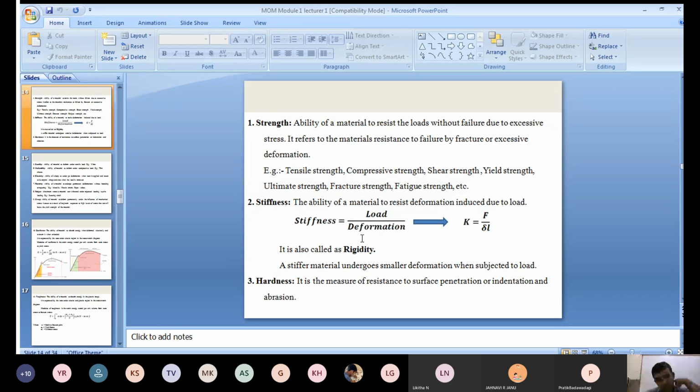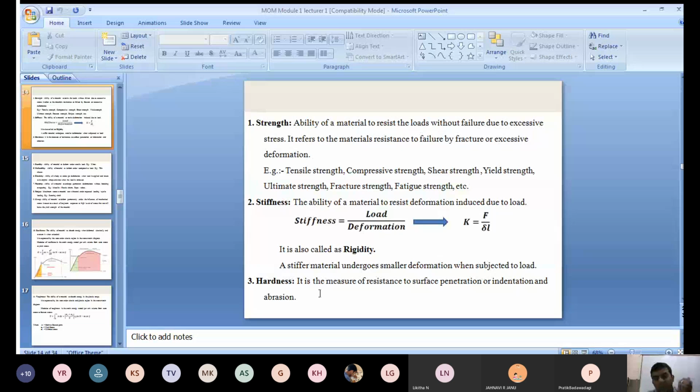Design against rigidity means, again, when an external load is applied on a body, the body undergoes change in dimension, deformation takes place. The induced deformation should be less than the allowable deformation. Then we can say the design is safe, right? These are two very important properties when you design a machine element or any aircraft or spacecraft structure. First we go for design against strength, another one design against rigidity. One more is there, later we'll come to that one.